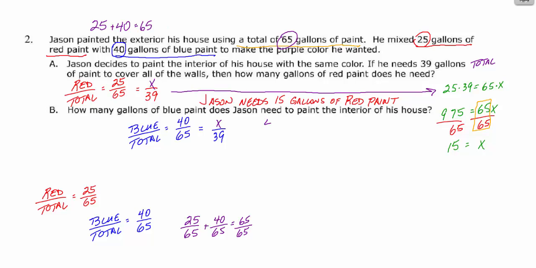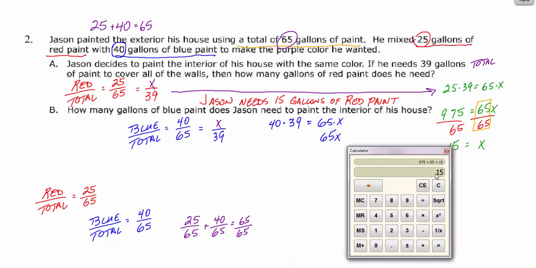So I've got 40 times 39. And I've got 65 times x. That's 65x.